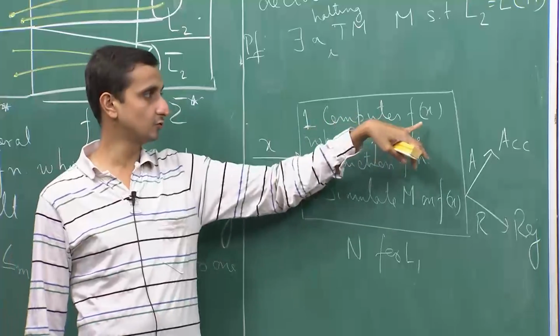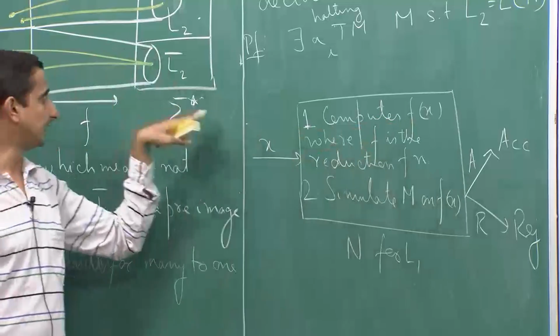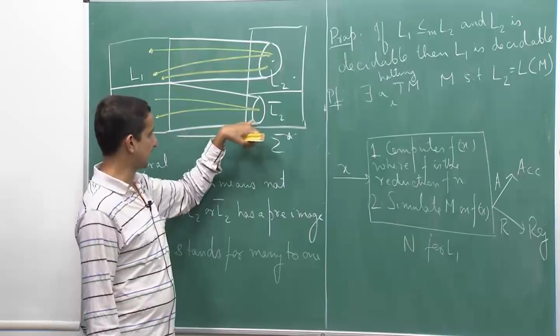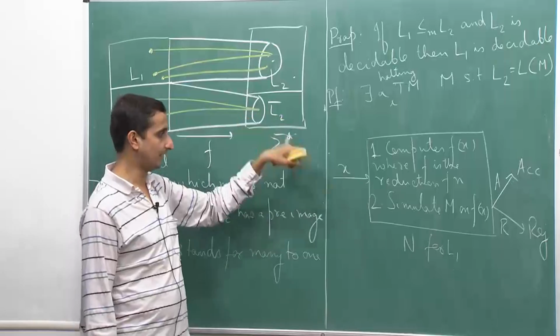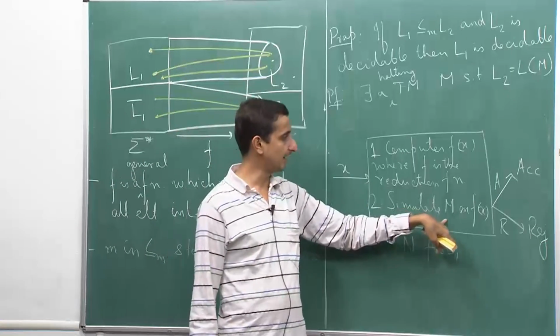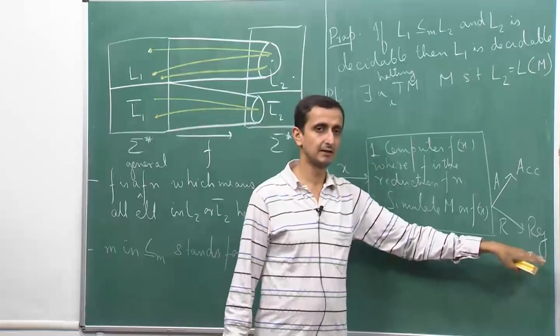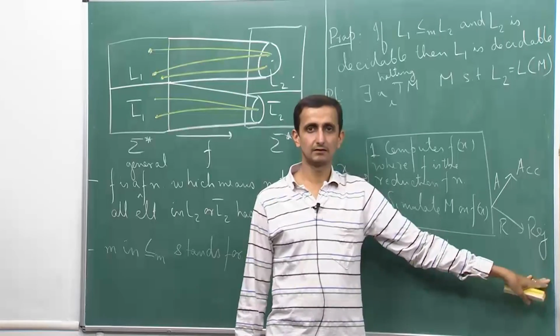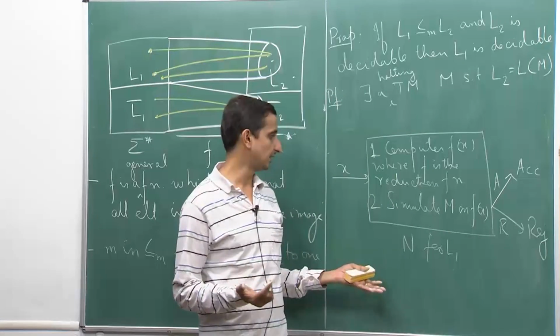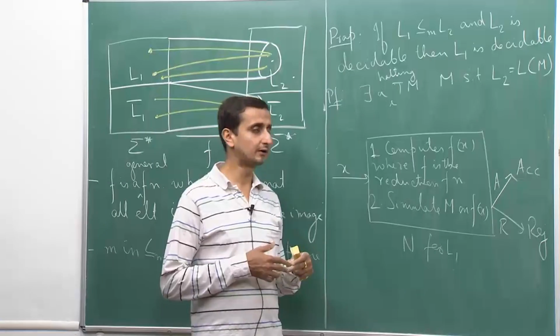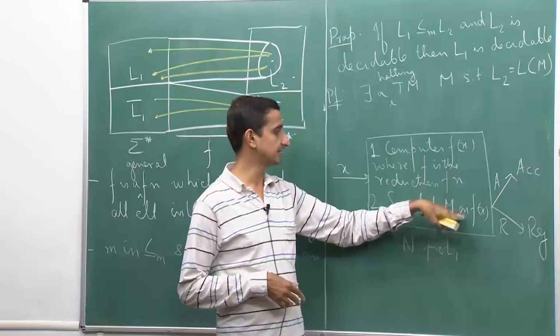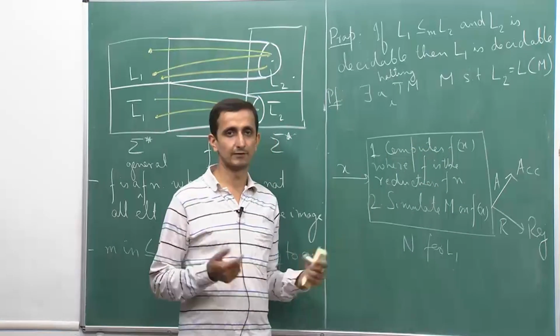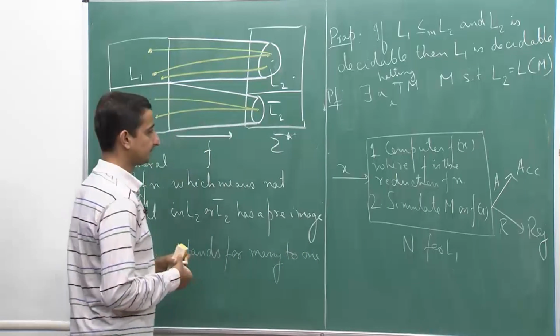Similarly, if x belongs to L1 complement, then f of x will belong to L2 complement. Hence, when I simulate M on f of x, it rejects, and I finally reject. So it is just a simple box which does two things: it first computes f of x and then simulates M on f of x. That is the argument.